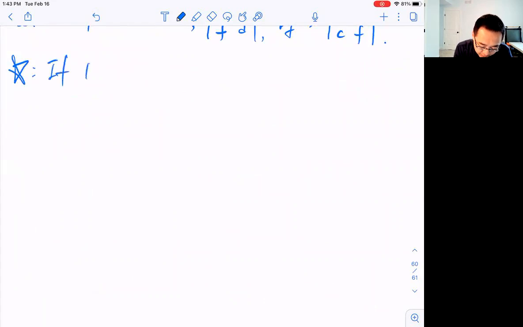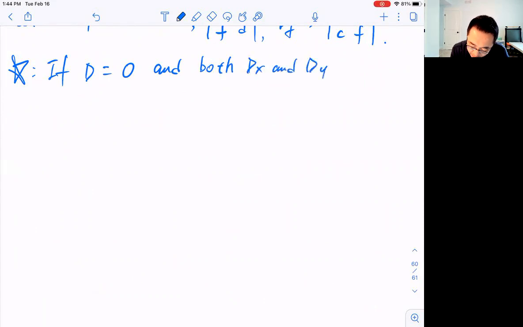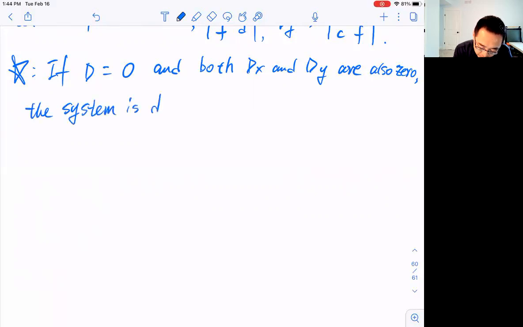Okay, so if d equals 0, okay, and both dx and dy are also 0, okay, then the system is dependent. Okay, that means infinite number of solutions.